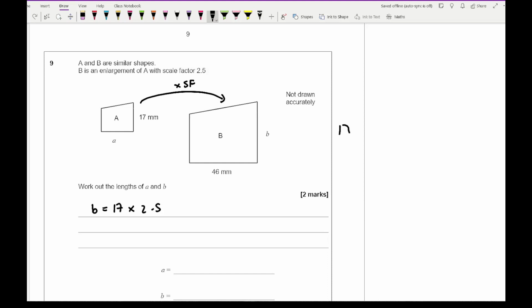And again, if this was on a non-calculator paper, then I should do 17 times 5, which is 85 over 2, which as a decimal gives me 42.5.